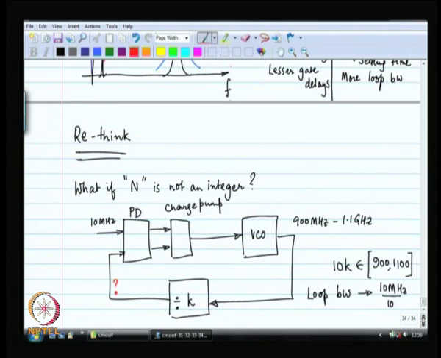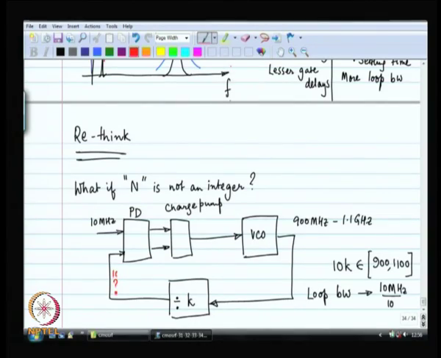If it does look exactly like 10 megahertz, then is there a problem? There is no problem as far as the spurious tones are concerned. The spurious tones will start appearing at 10 megahertz apart instead of 1 megahertz apart, right. So, that is clear.